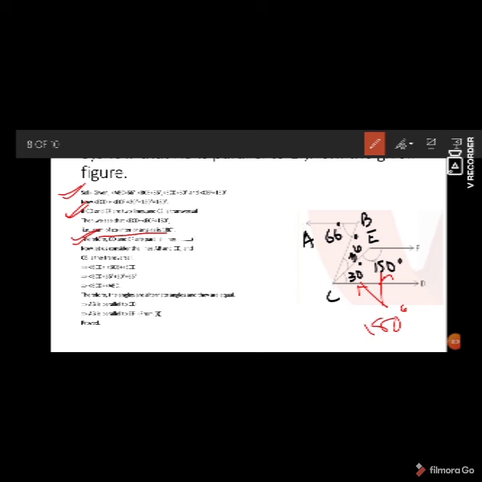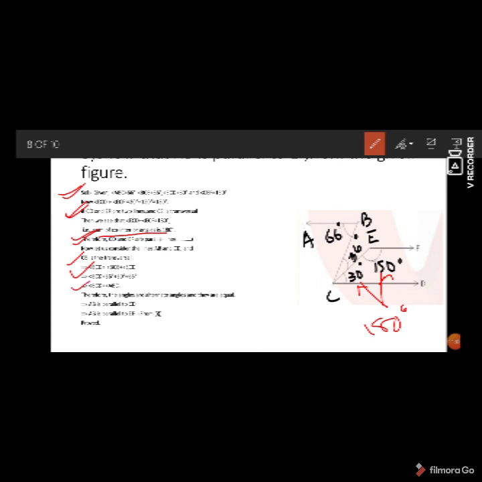Now we will consider the lines AB and CD, and CB is the transversal. We see that angle BCD is equal to BCE plus ECD. That is, BCD is equal to 36 plus 30, that is 66 degrees. Now 66 degrees is also angle ABC.